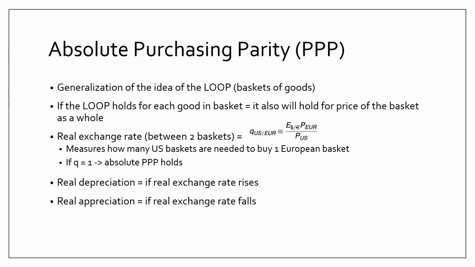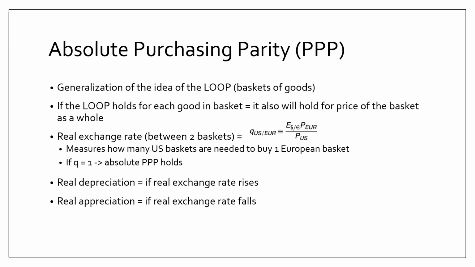If we take a look at the formula of the real exchange rate, it can be stated that it measures how many US baskets of goods are needed to buy one European basket of goods. When Q equals 1, we say that absolute PPP holds.